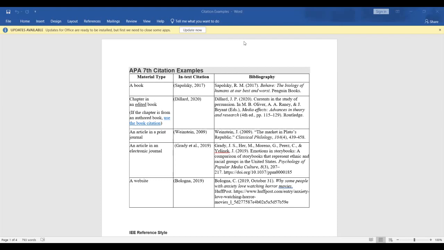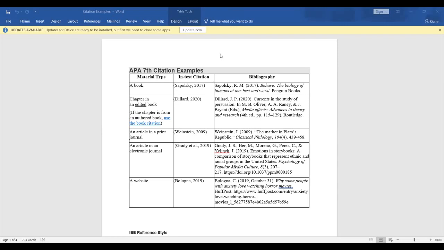Within the text. Yes, yes. Good answer. Within the text, in your paper, inside those paragraphs, you have cited the source. You call it in-text citation.